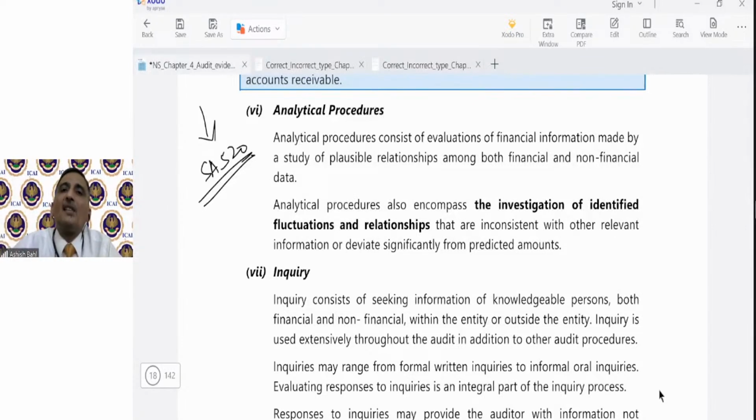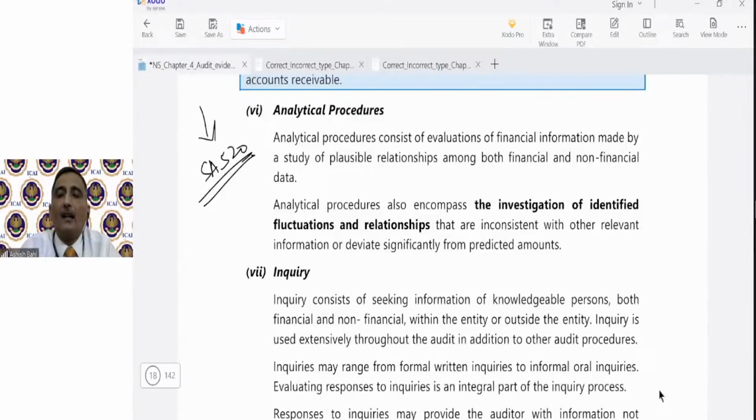Like say the auditor is analyzing gross profit ratio trends of the last 3 years. So what he is doing, he is performing analytical procedures. He is analyzing past years' financial information to see whether there is unusual fluctuation in the gross profit ratio of the current year as compared to last year's. So these are the kinds of analytical procedures.